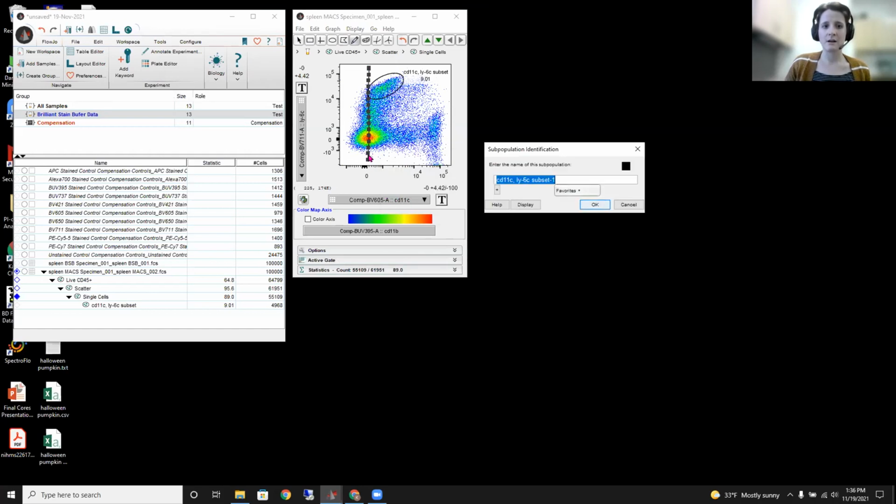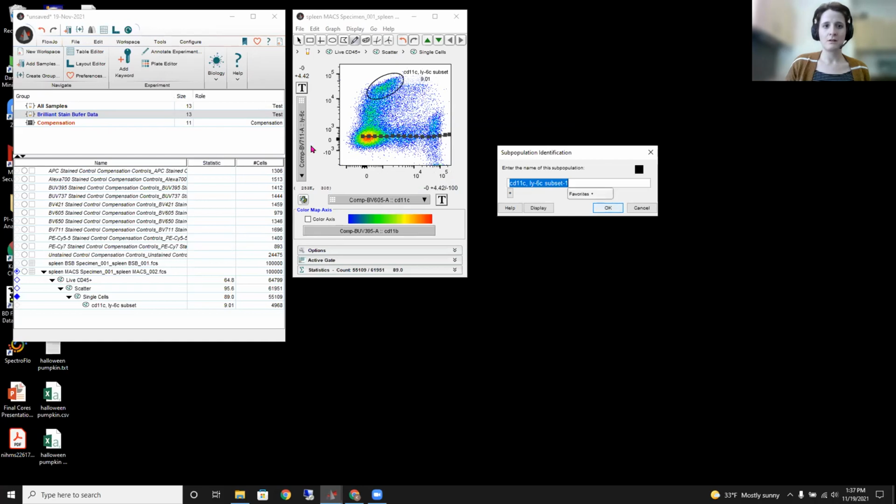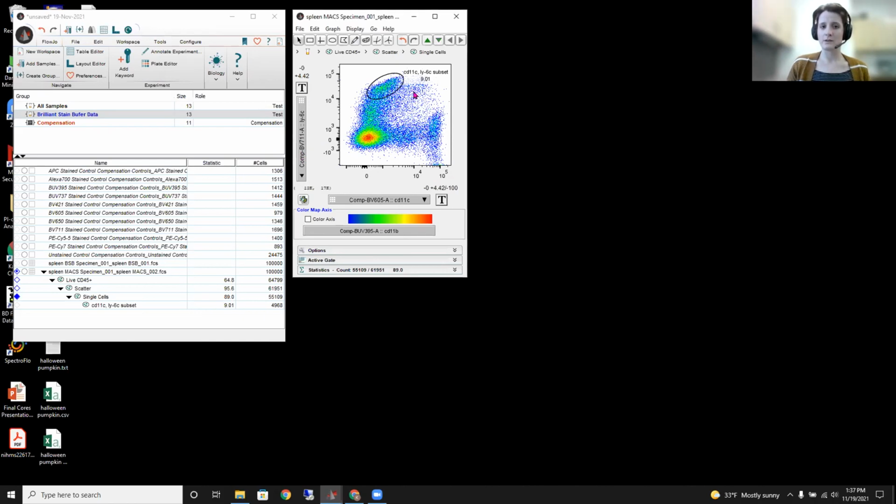So if this is our negative population right here, and this theoretically would be our single positive for this BV711 Ly6C, but the population has completely shifted over, okay, in a manner that we would not expect. When we see it done correctly, we see that the MFI of the positive and the negative tend to match up in that spillover detector, right? So BV711 right here. So this was a panel that was put together and stained with a regular stain buffer.